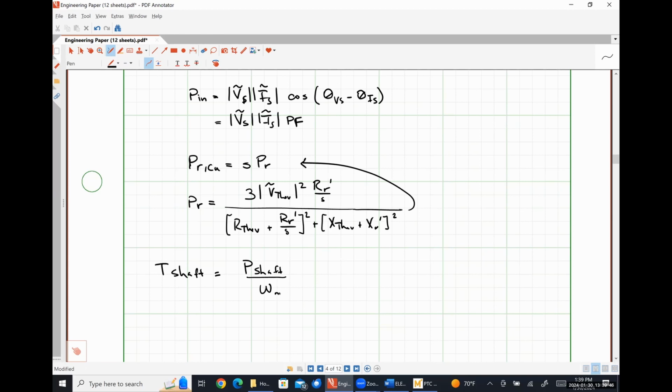That one should be pretty straightforward because we know NM from earlier, which means we know omega M. We just found P shaft, so we have everything we need there.